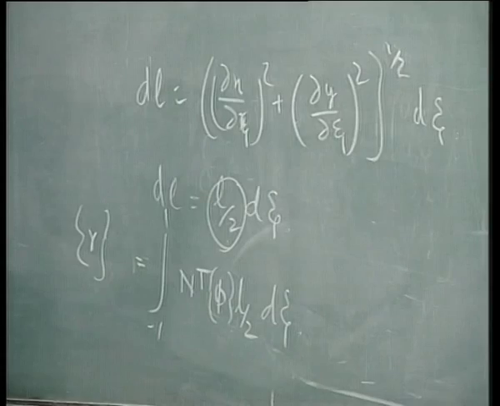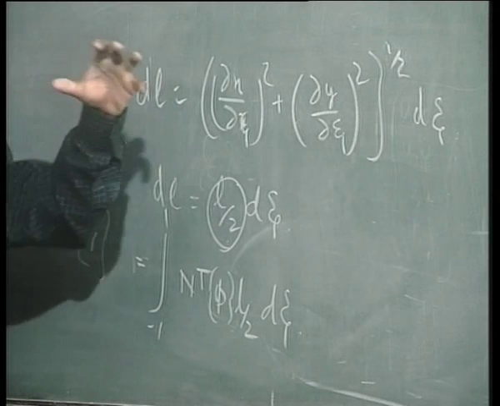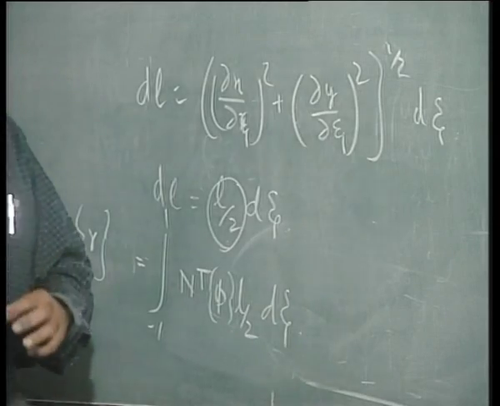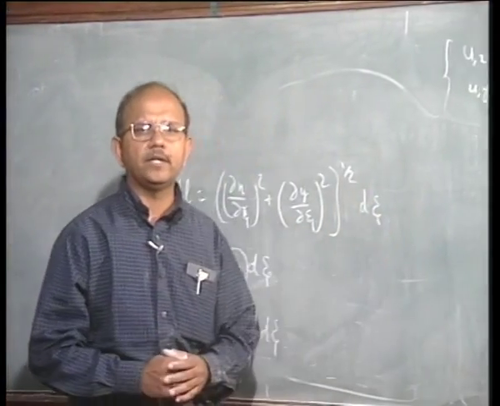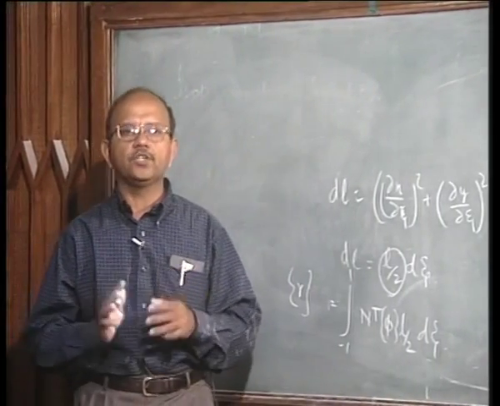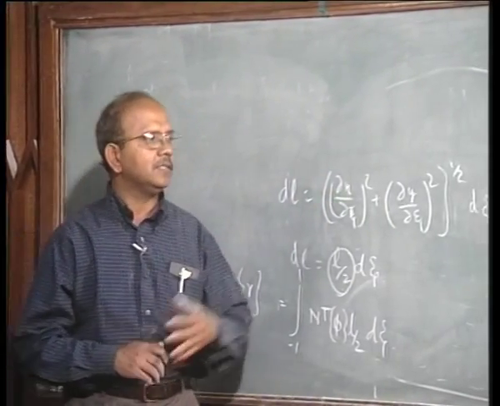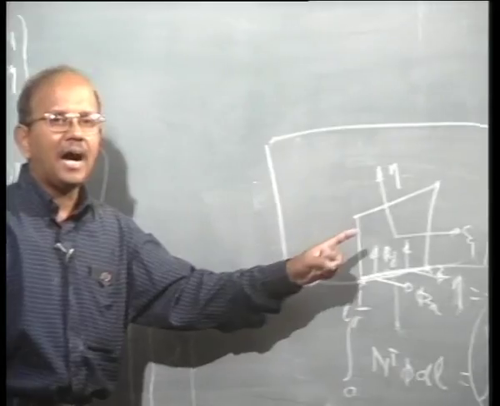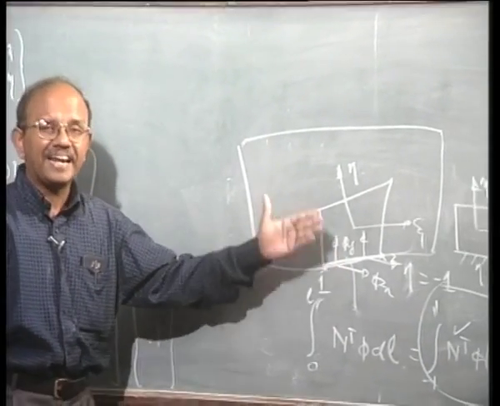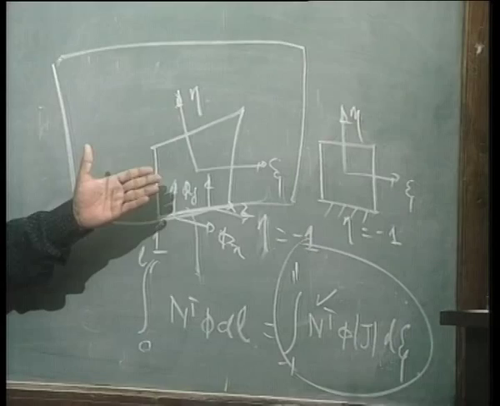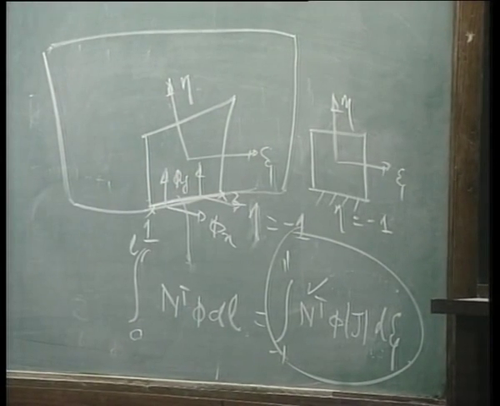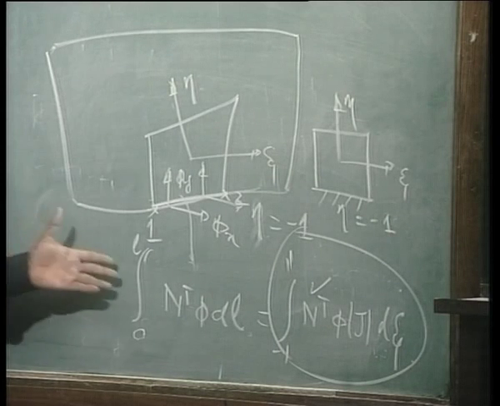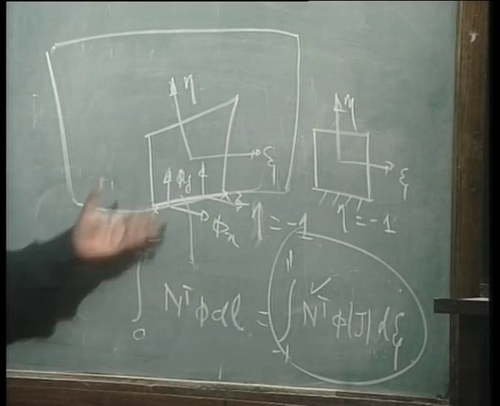So, in other words, what is the crux of our approach? Our approach has been that we not only calculated the stiffness matrix by transforming it to a natural coordinate system and then resorting to numerical integration, we can also calculate the other REs, or the right hand sides to be more precise. In other words, the load due to the surface traction or pressure can also be calculated by means of this natural coordinate system by transforming the equation.